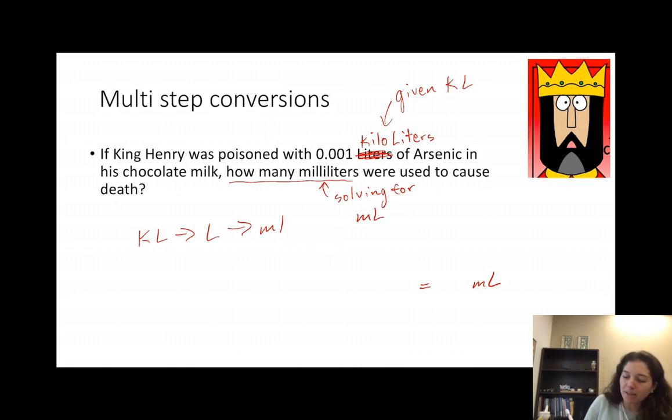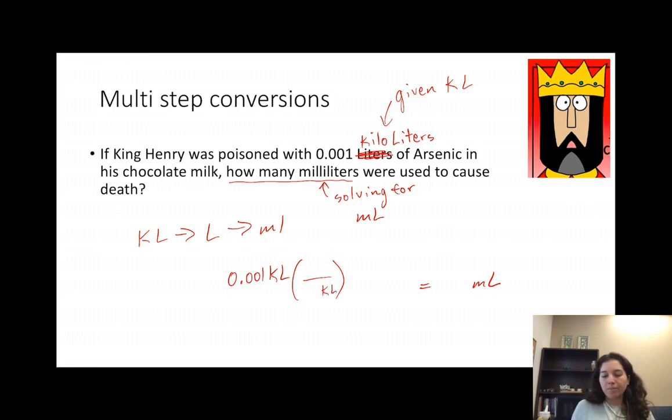So let's start with our kiloliters at the beginning, 0.001 kiloliters. Now, if we don't want this unit to be in our final answer, it needs to be canceled out. So the next thing we're going to do is make sure to divide by something in kiloliters. In order to get to milliliters, we need to go to liters first, because that's the unit that we know.